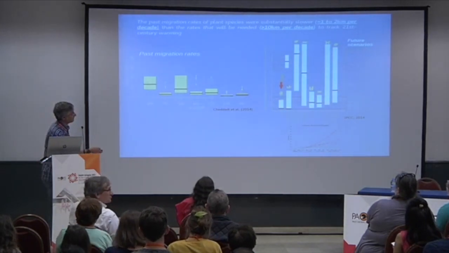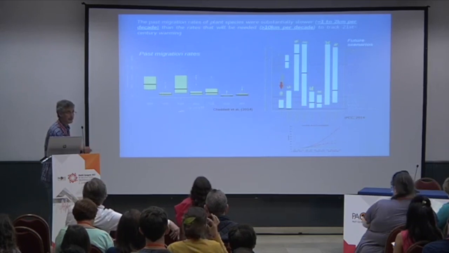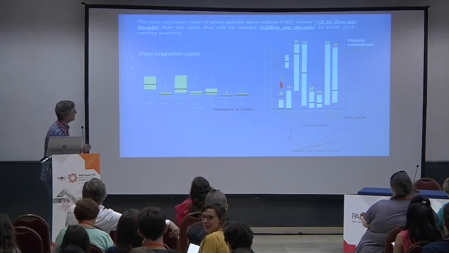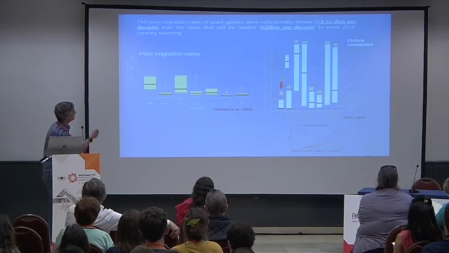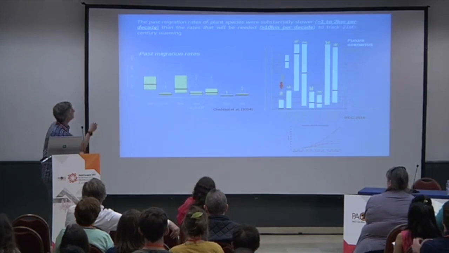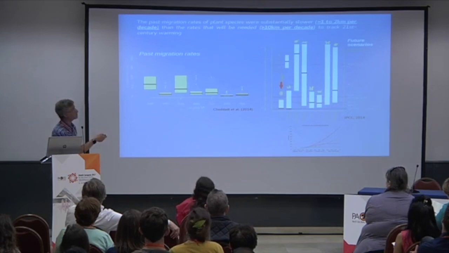This is the IPCC synthesis, and these are some data that we have about the migration rate of silver fir in Europe. And the data that we have fit more or less nicely all the data that we have in Europe. In other words, the data that we have for the Holocene, the migration rates of many plant species are much lower than the rates that are needed to track the 21st century.